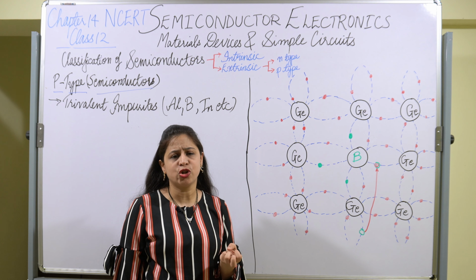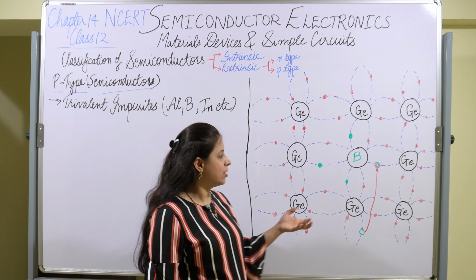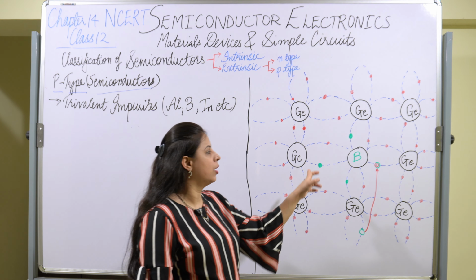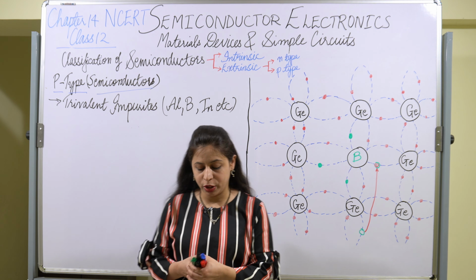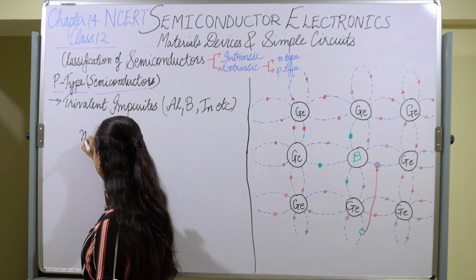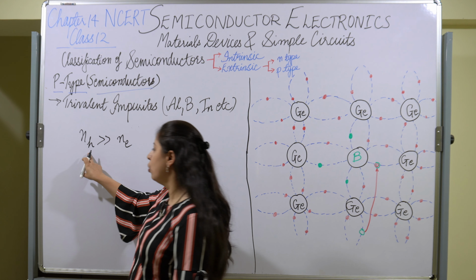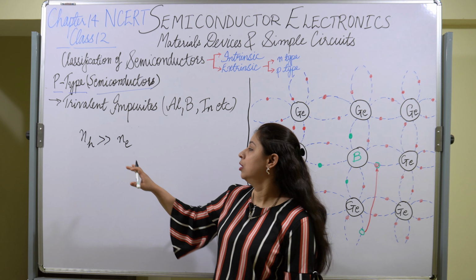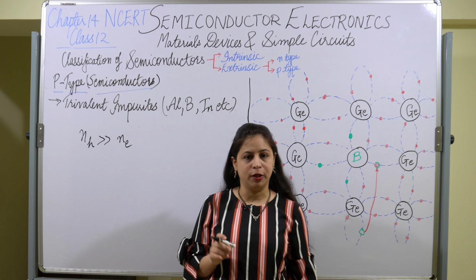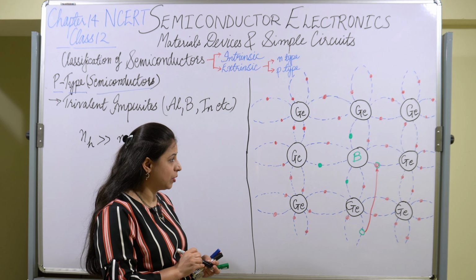But the rest, the majority, are holes. So in this type of semiconductor, nh is greater than ne, meaning the hole concentration is greater than the electron concentration. Such a crystal is known as a p-type semiconductor.